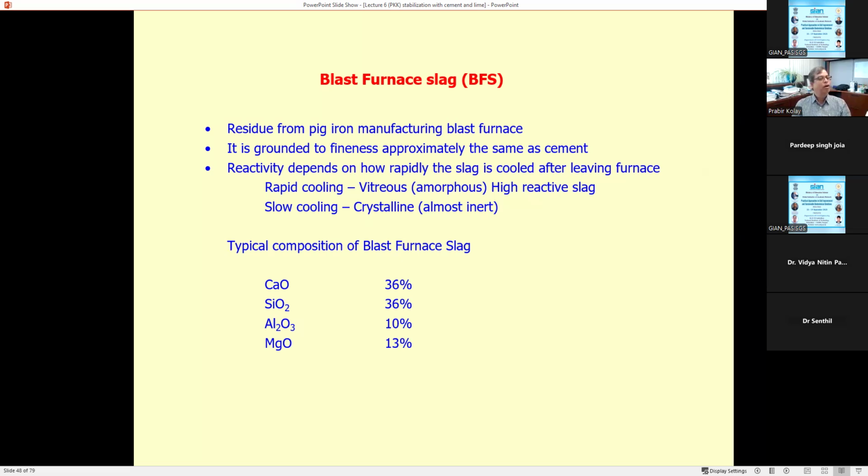So how can you find out whether it is amorphous or crystalline? Again, you need to do the chemical composition test, using X-ray fluorescence spectroscopy. You take some sample with microcrystalline wax, pass the X-ray through it, and see the percentage of the different chemical compositions from X-ray fluorescence spectroscopy.